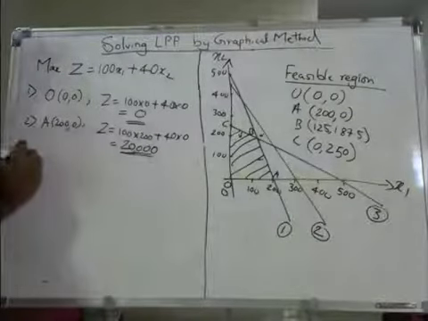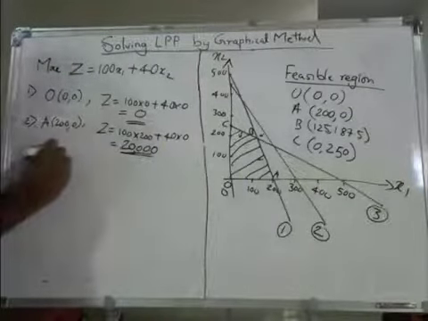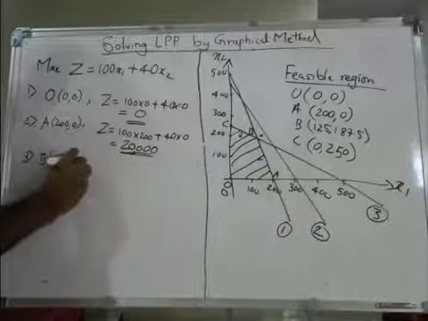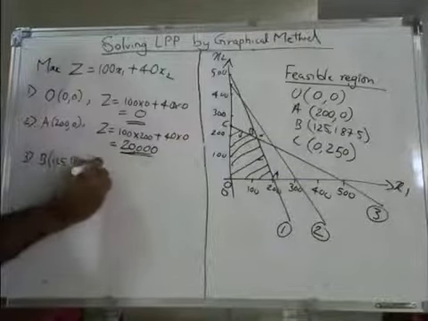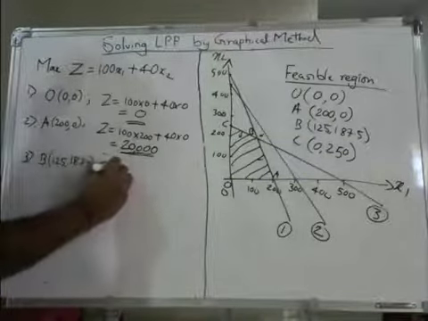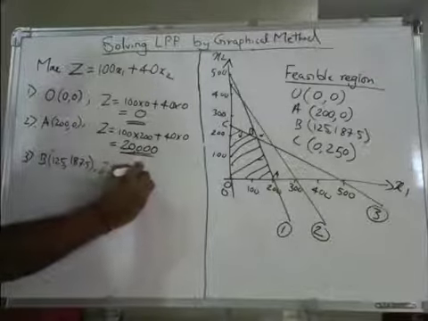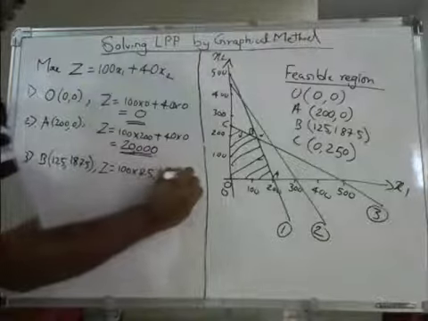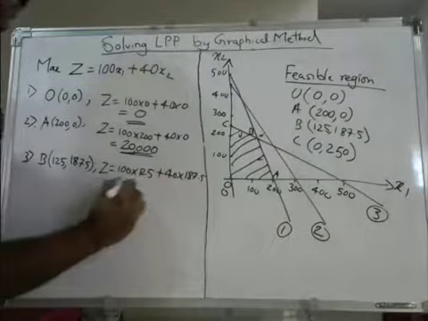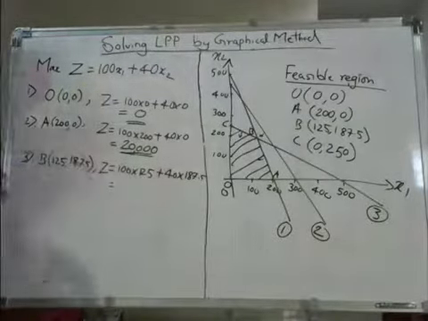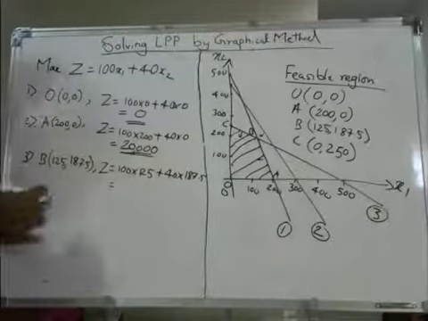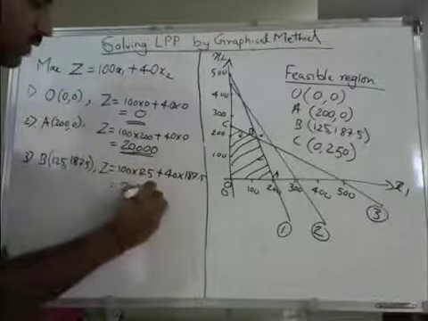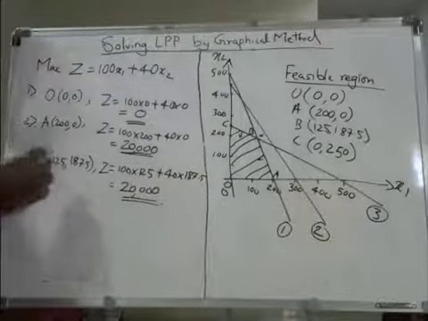Okay. Now the third one, that is B, that is 125, 187.5. Therefore, Z is equal to 100 into 125 plus 40 into 187.5. Now, if you solve this, the answer you will get is 20,000 again. Okay.